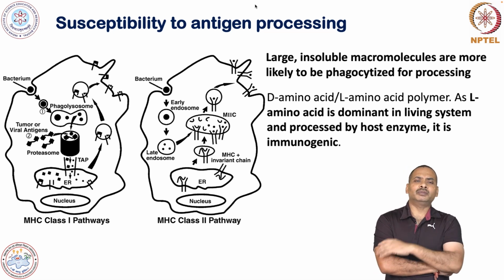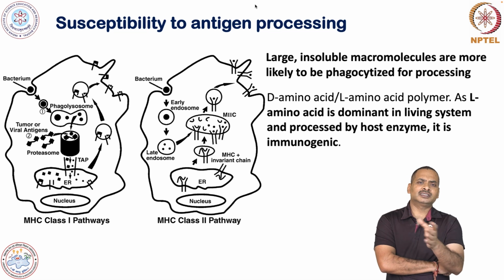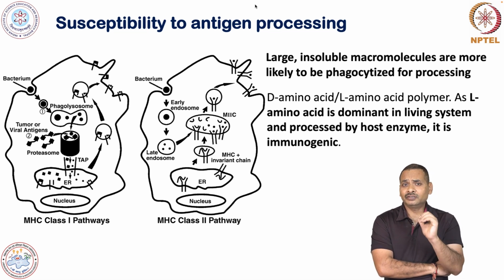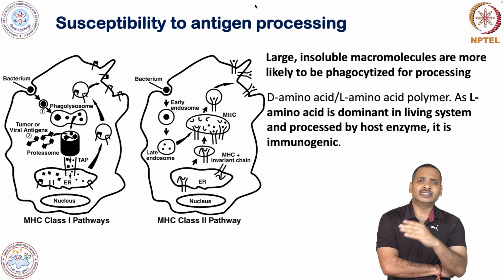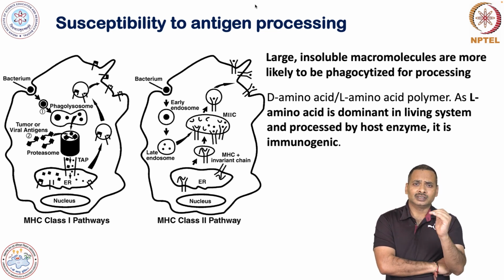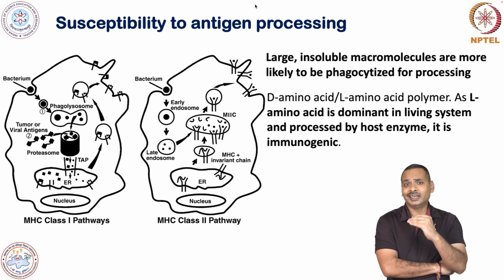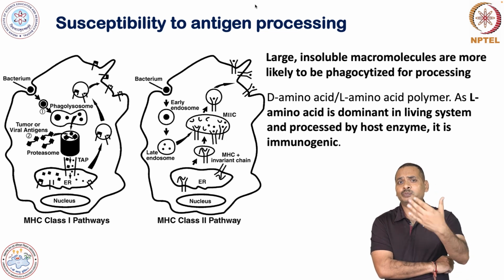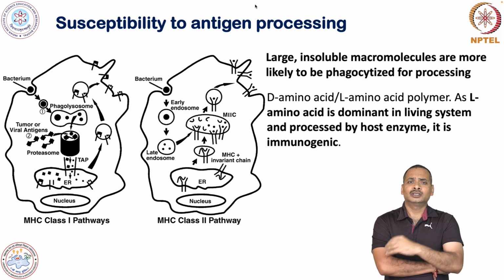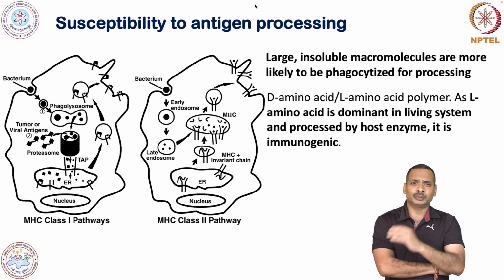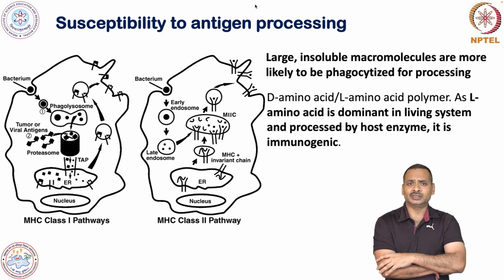It will be taken up by the cells, but it will not be processed by the host enzymes, because these host enzymes consist of L amino acids, and they cannot process the protein which consists of D amino acids.